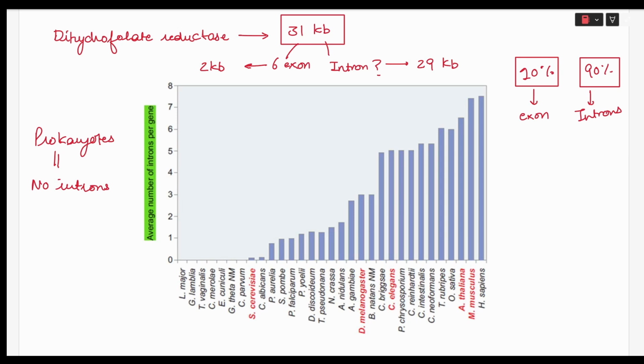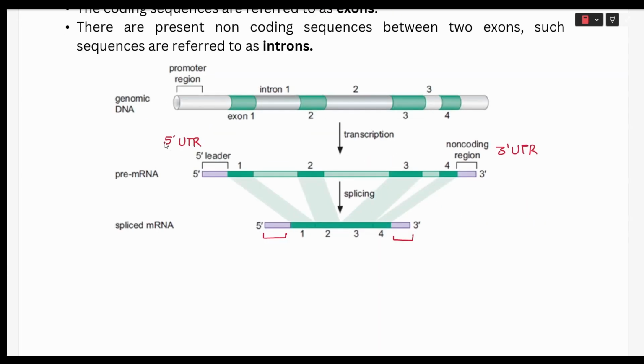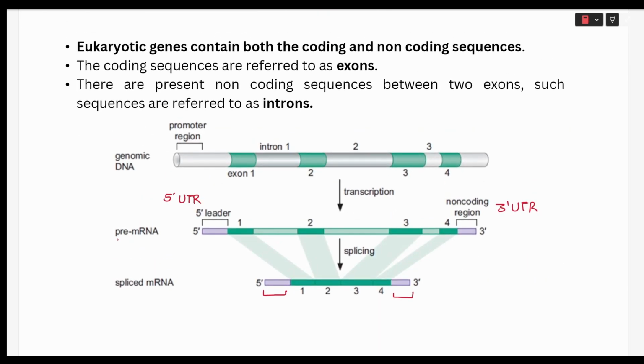But in the case of eukaryotes, as we move up the complexity ladder, introns and exons are present, and their number significantly increases. Now, the main benefit of having introns is that from the same transcript, this is what we call a transcript, you see this thing, the pre-mRNA, you can also call it a transcript, right?